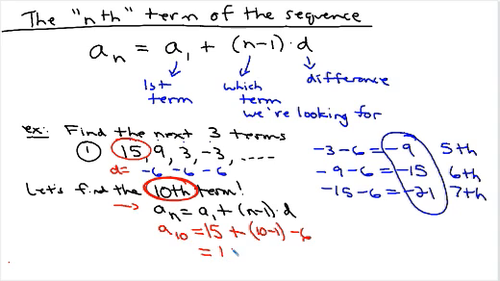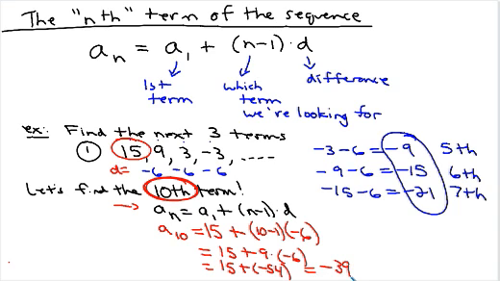So I have 15 plus, now remember this is multiply, 9 times negative 6. So that's 15 plus negative 54, which is negative 39.